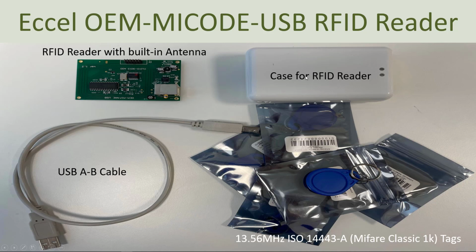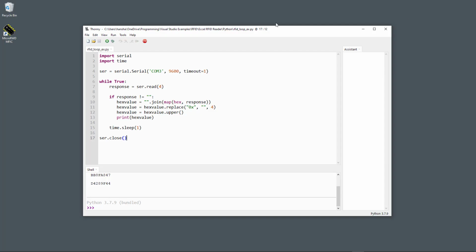And when it turns green, then I should be able to create a program that is reading this unique tag ID into a programming language like Python, LabVIEW, C#, etc. So let's start with a Python program.